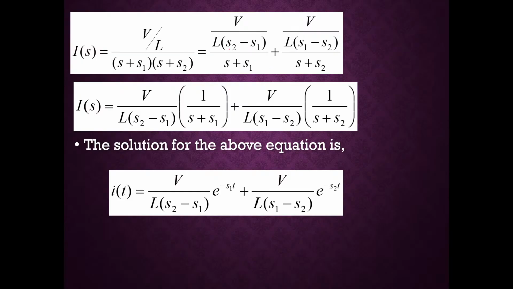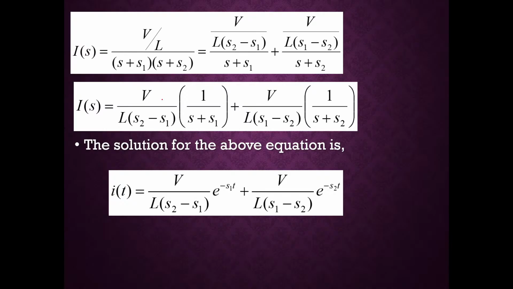Whatever expression that you have got here, you can rewrite it as V by L divided by S2 into S2 minus S1 into 1 divided by S plus S1. As well as you can rearrange this second expression, V by L into S1 minus S2 into 1 divided by S plus S2, in this form you can rewrite.